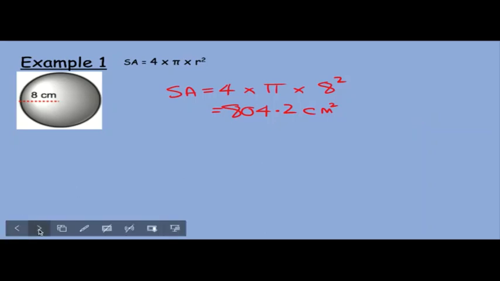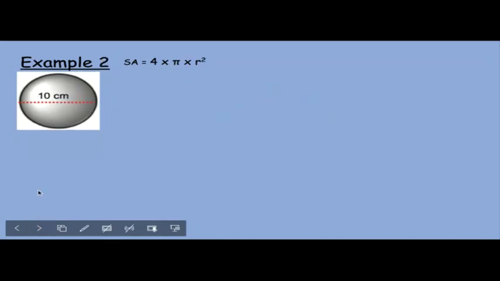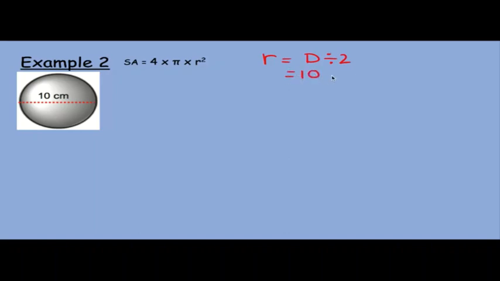So let's just look at our second example now. Right, so we haven't been given the radius here, we've been given the diameter, but we need to understand that the radius is half of the diameter. So that is 10 divided by 2, so it's 5. So the same thing, just going to rewrite the formula using the actual dimensions.